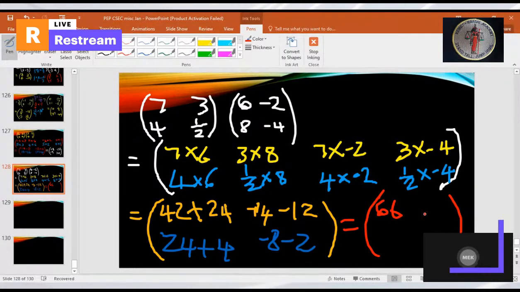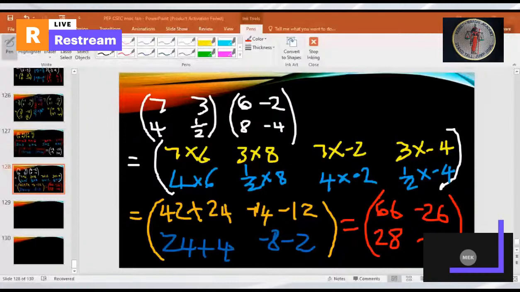Negative 14 minus 12, that will give you negative 26. 24 plus 4, that's 28. And negative 8 minus 2 is negative 10. And that's our final answer. We end up with a 2 by 2.